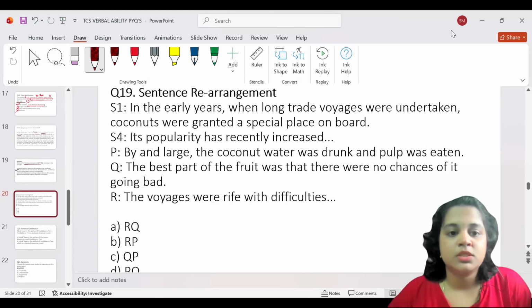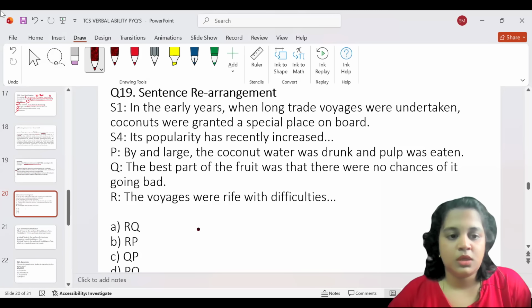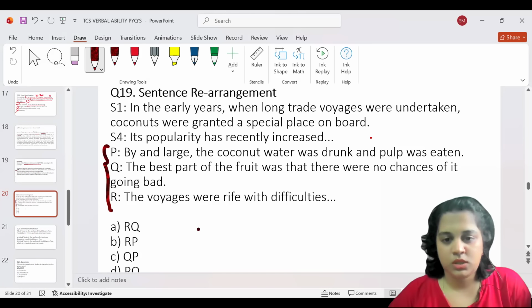Sentence rearrangement. In the early years, when long trade voyages were undertaken, coconuts were granted a special place on board. And the last sentence is its popularity has recently increased.